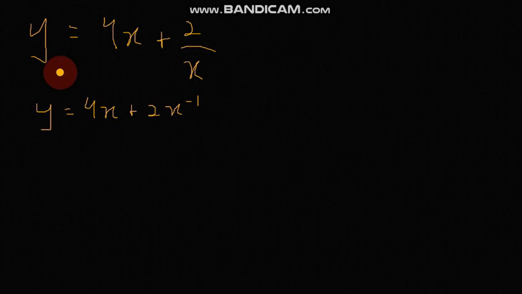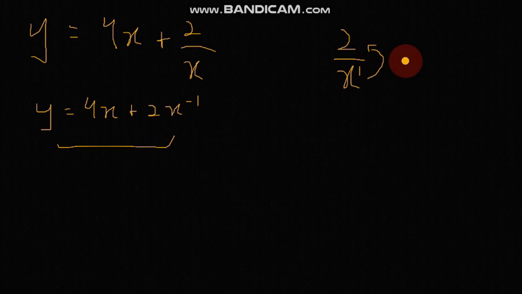First of all, we will bring this equation in one line form. I hope you already know that 2 over x means 2 over x power 1, and whenever we bring anything from below upwards, the power becomes minus 1, right? So when we bring this upward, it will become minus 1.